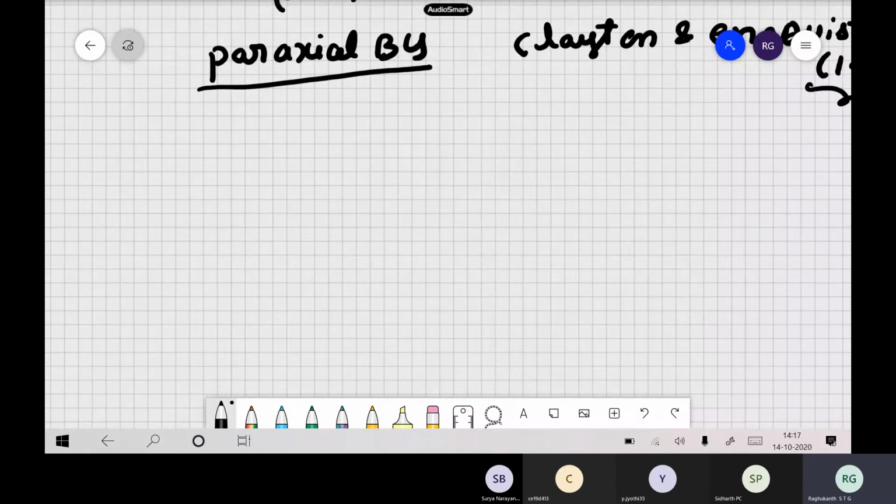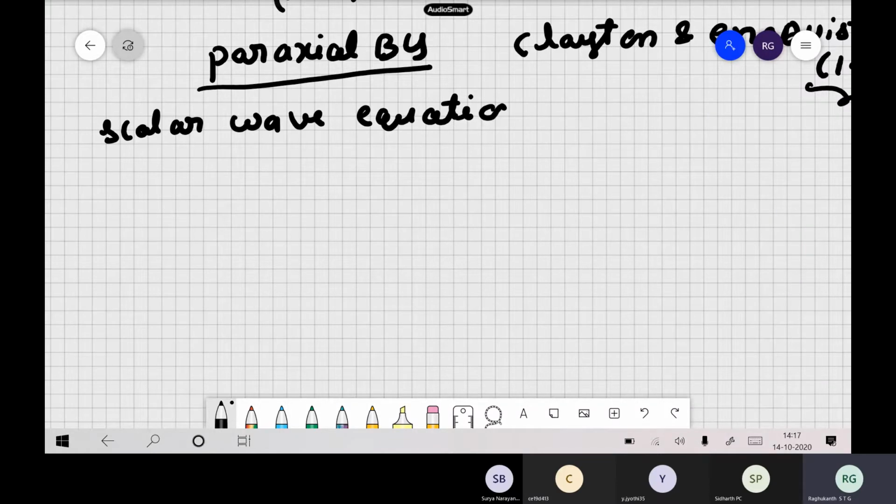Suppose you have any scalar wave equation. Just for illustration, I am writing here an acoustic equation. The acoustic equation is the same as the wave equation, only in the wave equation you have displacement, but here you have pressure.